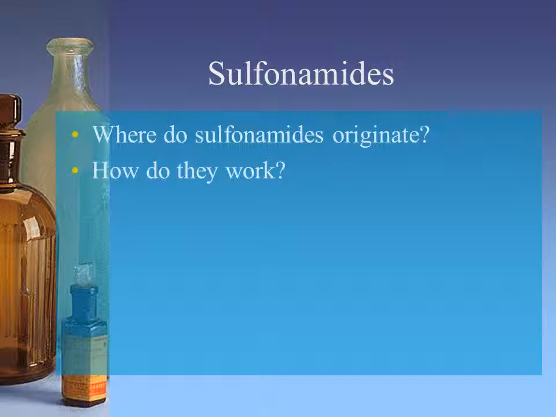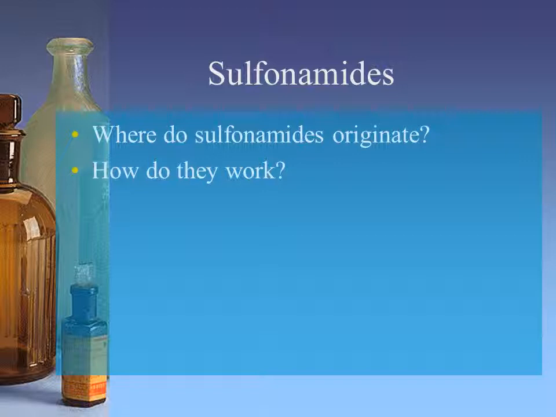As a result, we start to see the development of bacterial resistance. So sulfonamides have really become very ineffective because we overused them and gave them too much, and as a result, we developed a lot of bacterial resistance. Basically, what happens with sulfonamides is they block the synthesis of folic acid.